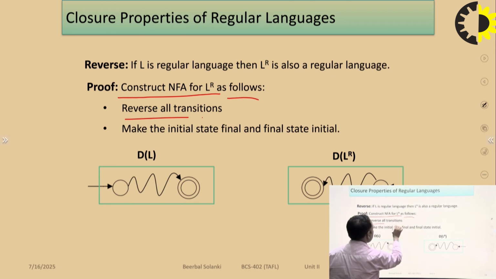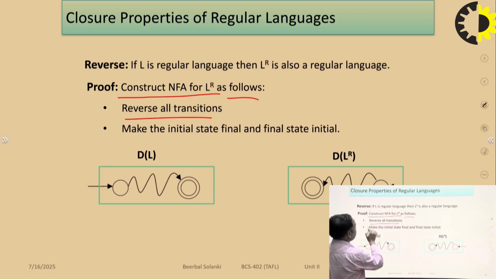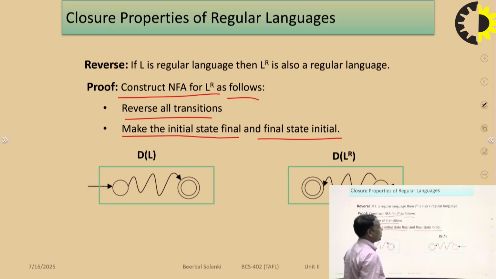Reverse all the transitions, whatever transitions there are. Suppose this, so the transitions can be written as here. Make the initial state the final state and the final state the initial state. This is simply the reverse, so the reverse is also a regular language.